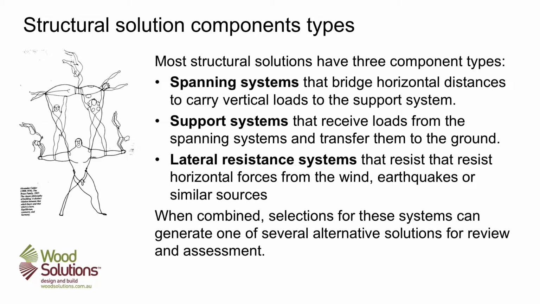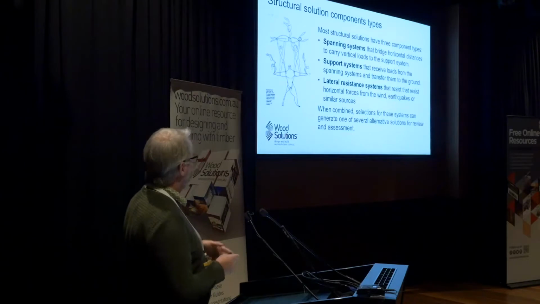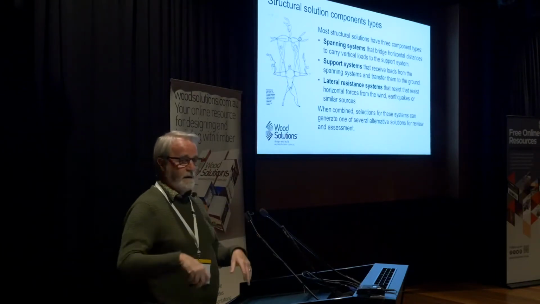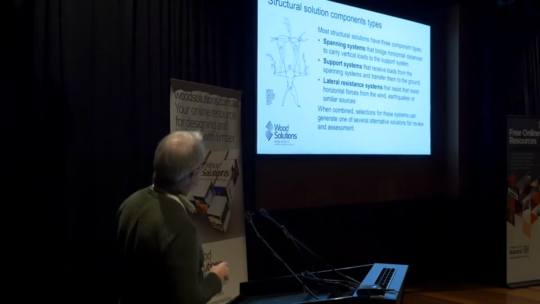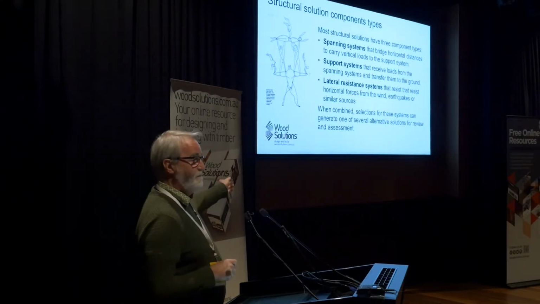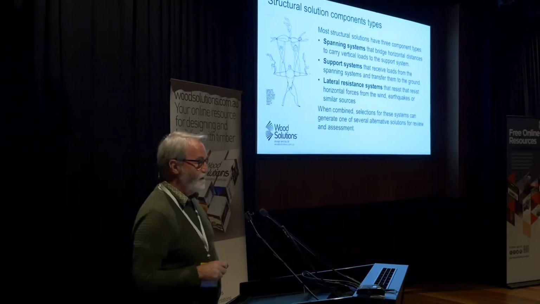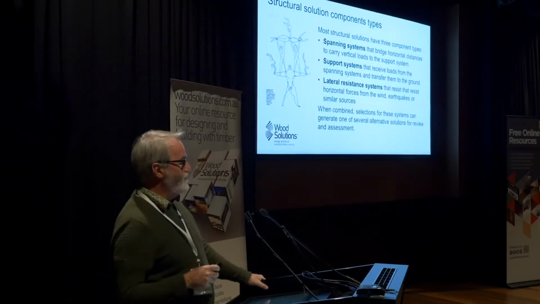And we've got lateral resistance systems which are going to help us resist the horizontal loads such as wind loads and earthquake, where we've got to take those loads and get them down to the ground through the vertical systems. And we want to combine these up. So I'd like to credit Mr. Alexander Calder for his little drawing there of structures.